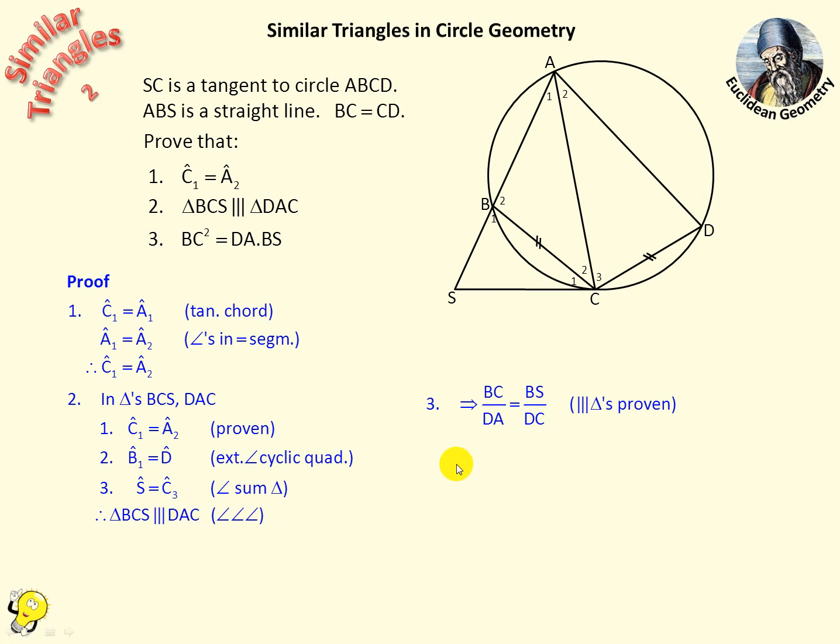Now I want the DC below from the second triangle, first third, so I need a first third above, like that. That gives us that product equals product, and of course now we can slot in that thing that says, hang on, DC and BC are equal. It's given. Therefore we can now put the BC instead of the DC. And we have BC squared equals DA times BS.